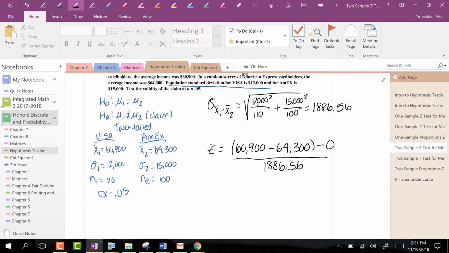Not in your calculator, no. We're timing this. Don't square that whole thing, first of all. When you put parentheses around this, that means you're squaring the whole thing. No, the first one was 110. Okay.